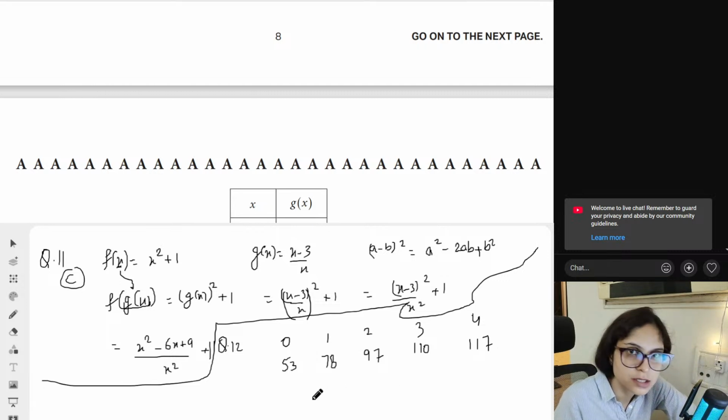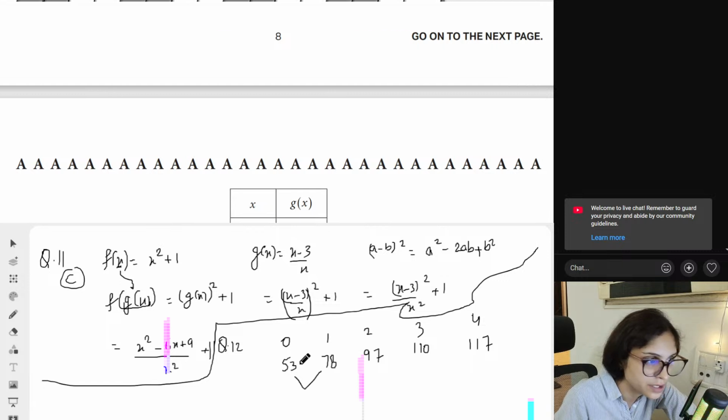So to find whether it is linear or quadratic, we'll have to find the successive differences. So we'll see 78 minus 53 is how much?